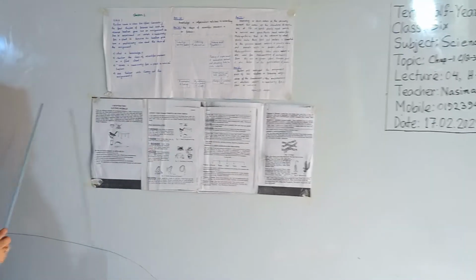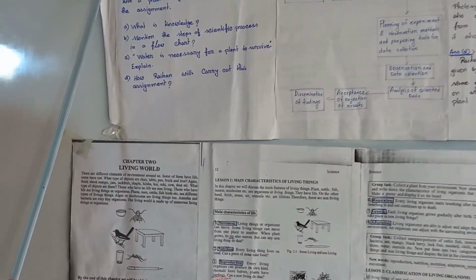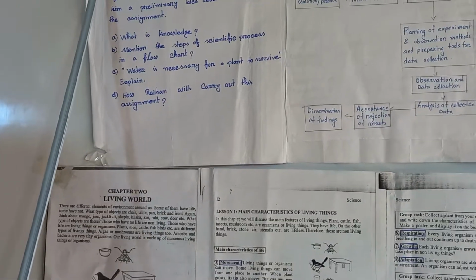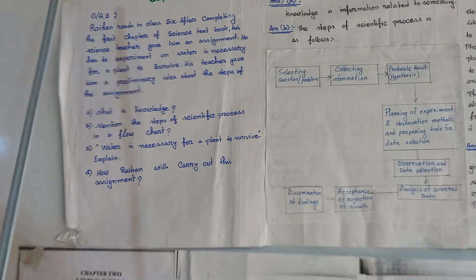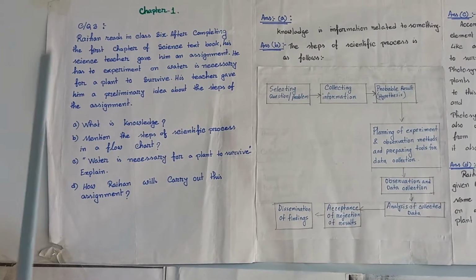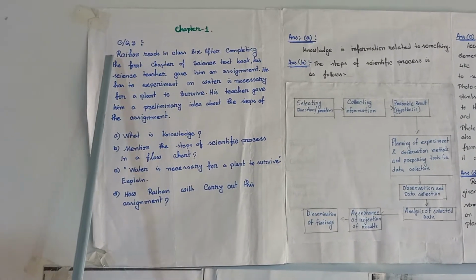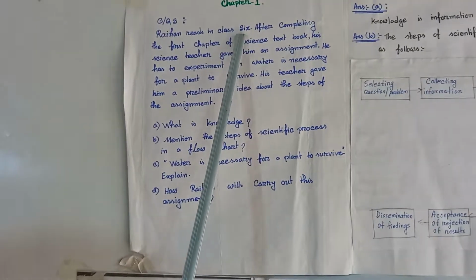Students, at first we will solve this question and answer. Look at here. Here is the Q-3 number, and this is the stem of this CQ. Let's read this one. Here is written, Raihan reads in class 6.